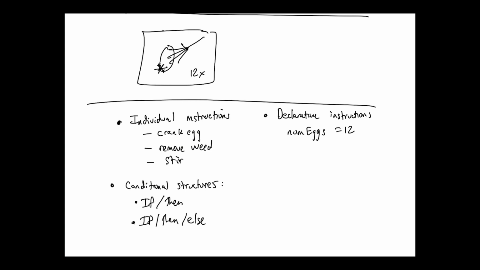Okay, so that the number of eggs equals 12, and maybe you're going to say, I'm going to call my stove capital stove. In object-oriented programming, you would do something like this, where somebody would have defined a class of objects called stoves, and you're saying, oh, I have a particular example of that class. Here's my stove.